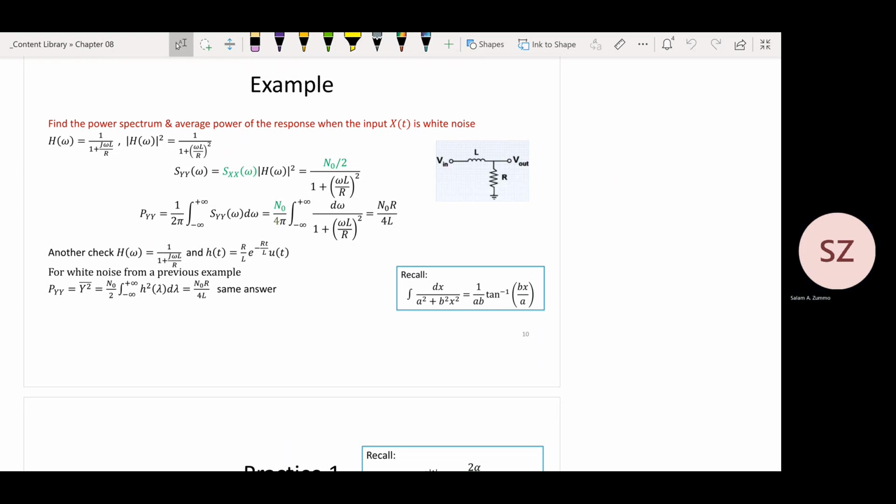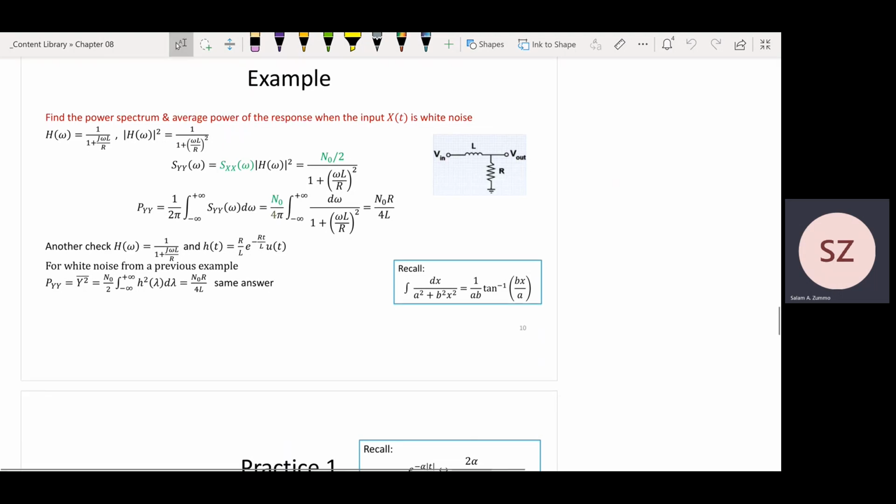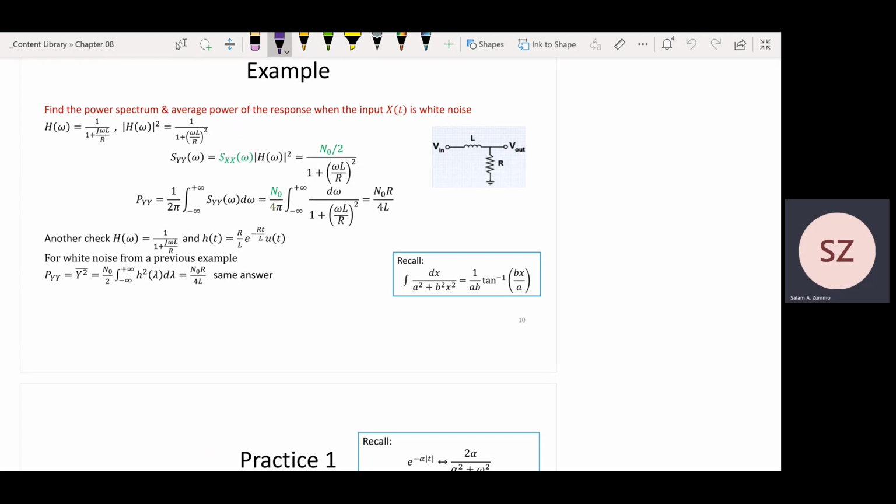Here we have the LTI system, and we gave you a transfer function. If we take the magnitude squared, it will be like this, and this is a typical RL filter, a resistor and an inductor.